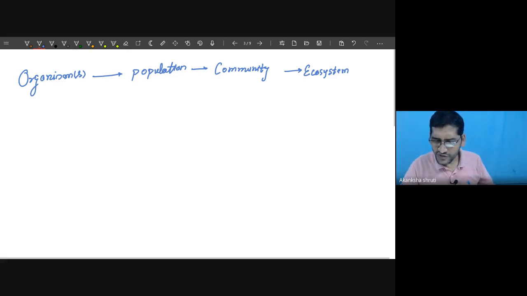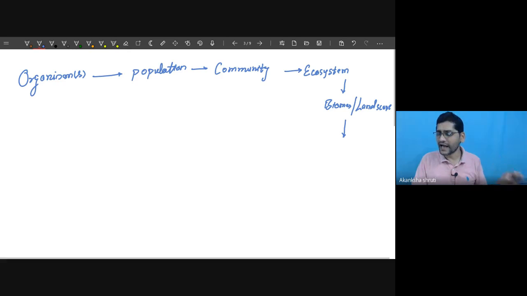When different ecosystems are placed together, they form biomes, also called a landscape. Now all the landscape, air and all these things where life can exist is called the biosphere. It is very important.